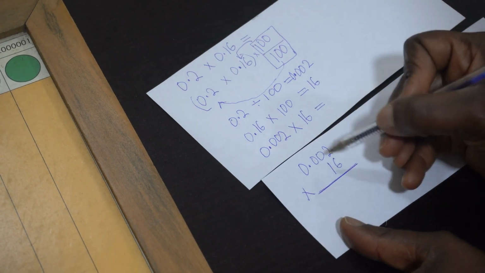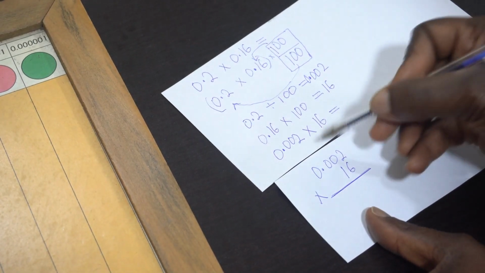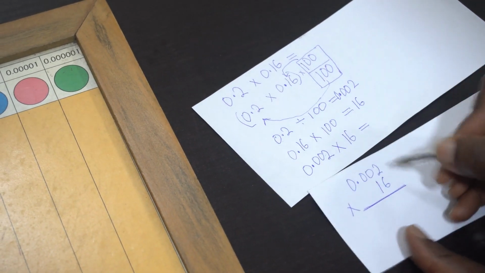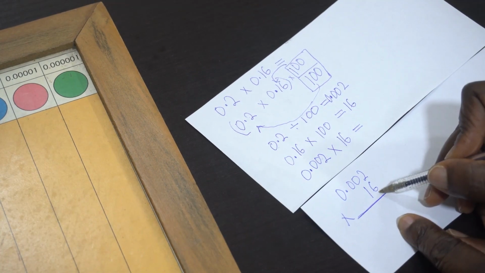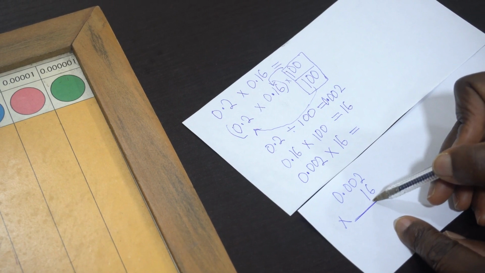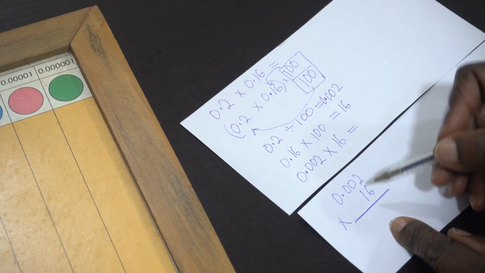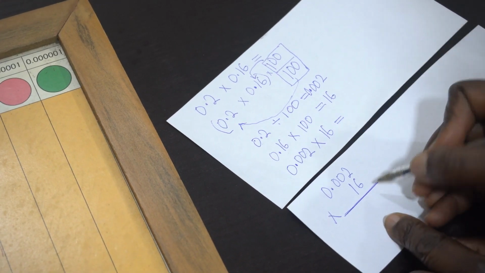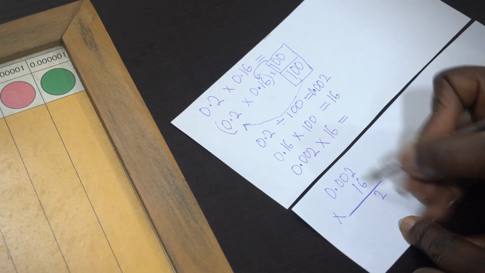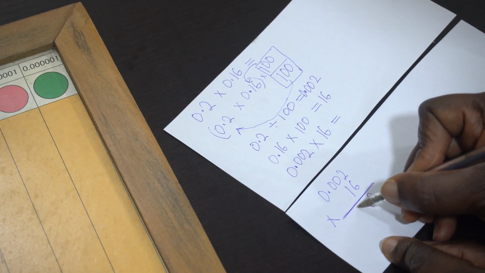So we start by multiplying by 6 to get the first partial product, and then we multiply by the 10 or 1/10. So let's go ahead and do that to get our first partial product, and then we are going to multiply by the 1/10 to get our second partial product. So let's do that. 2 times 6, that's 12, and 0 times 6, 0, plus 1, 0 times 6, 0.